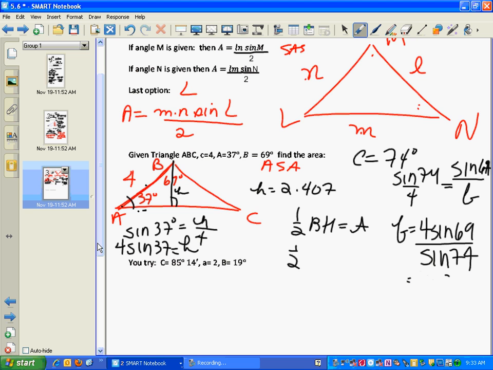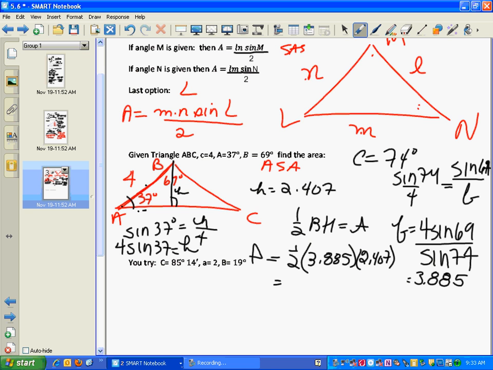Okay, so we'll try 3.885. So, do we have a base now? Because it's 3.885, right? Do we have a height? We found the height to be 2.407.